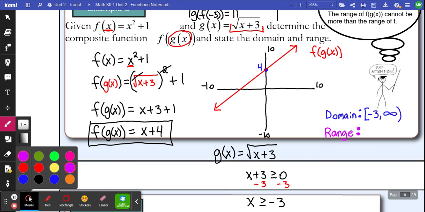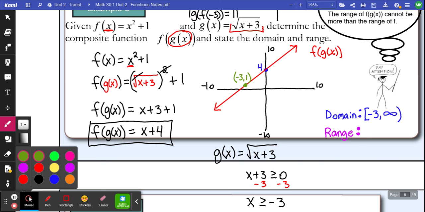So you need to go on your graph and find where x equals -3. We know that x equals -3 here at -3, 1. The reason I know it's there is because if I put -3 into this, -3 plus 4 is 1. So -3, 1 is our point. And I cannot go left of that.